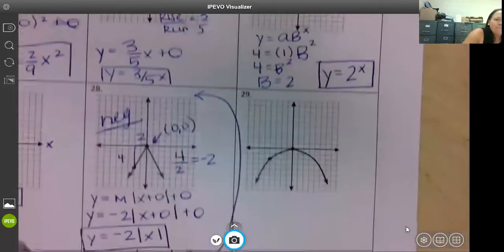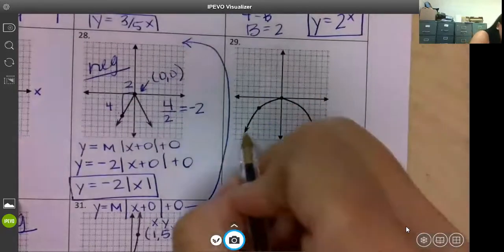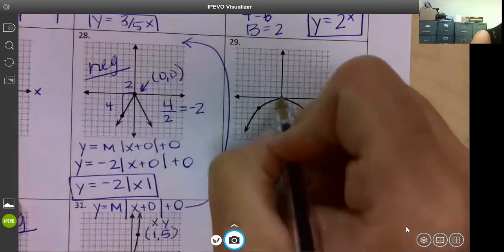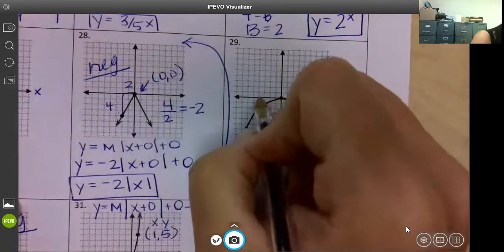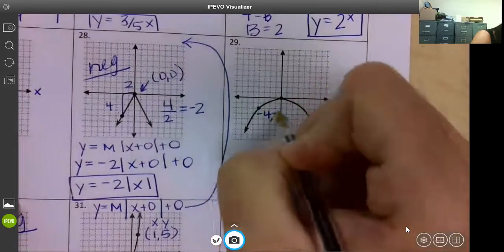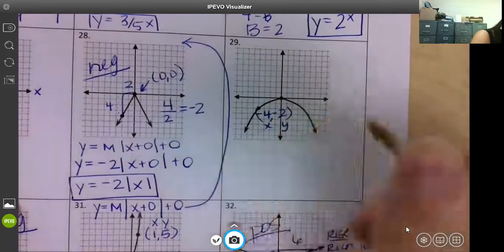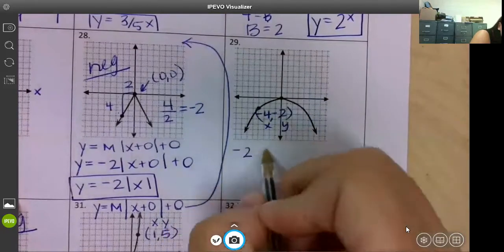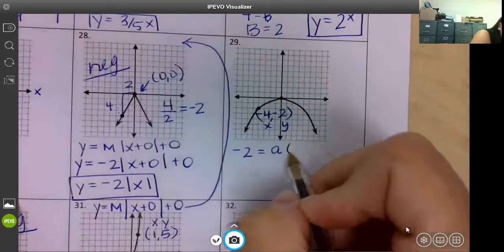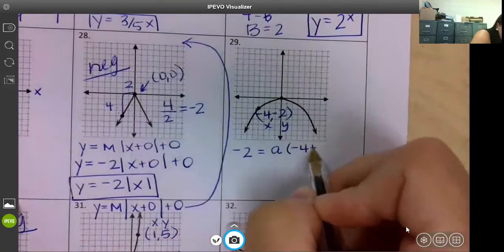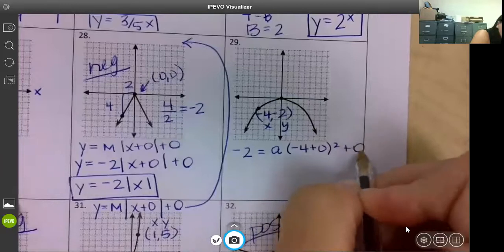And then one more, same thing. Your x coordinate and y coordinate, -4, -2, are your x and your y. So y is -2. A times x is -4 plus 0 squared plus 0.